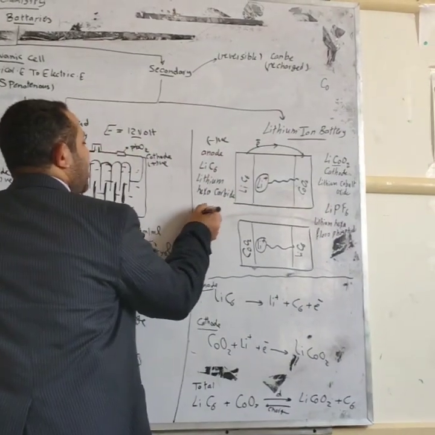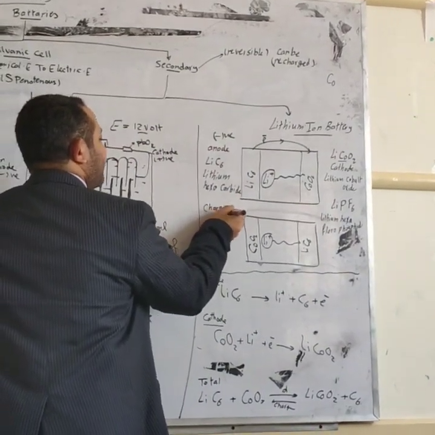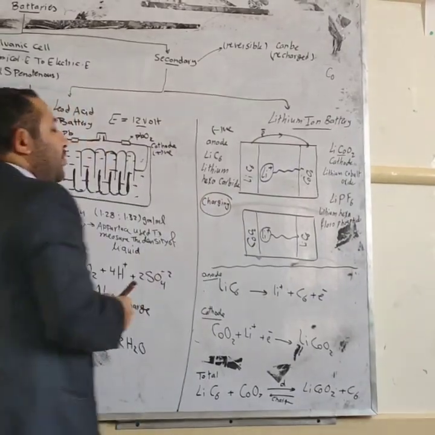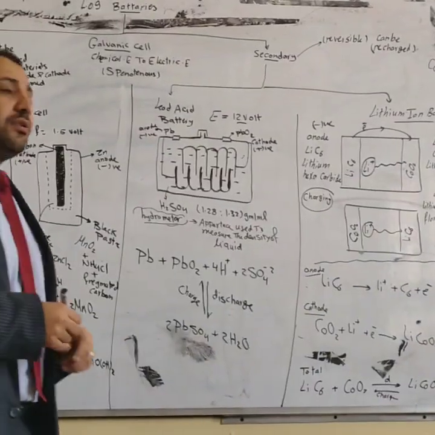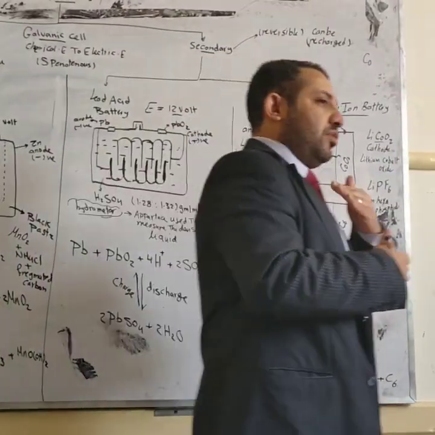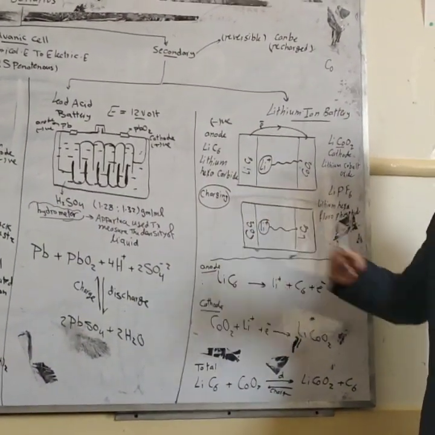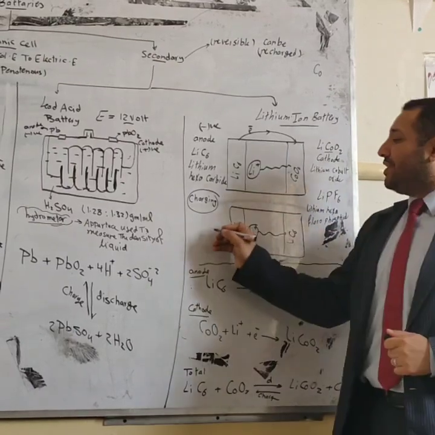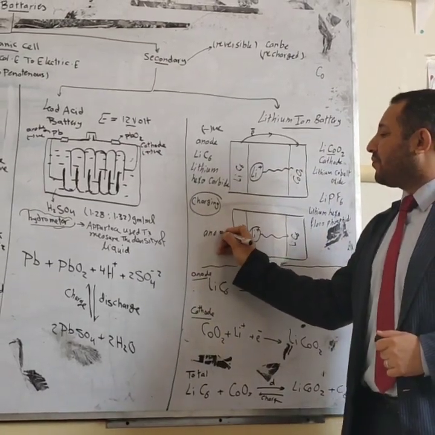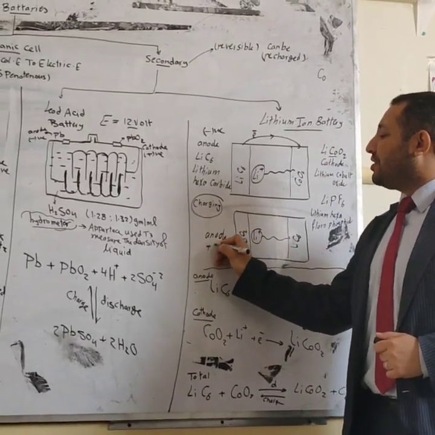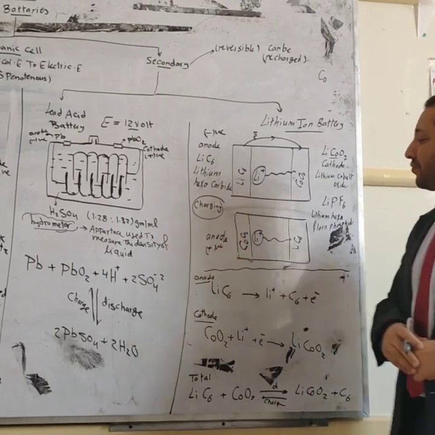But in the case of charging, when you connect your mobile to the charger, the poles are opposite. So at this time, cobalt oxide works at the anode, and the anode is the positive.